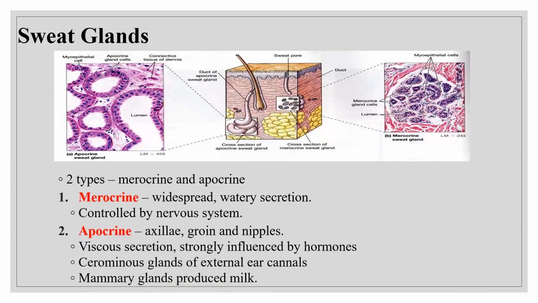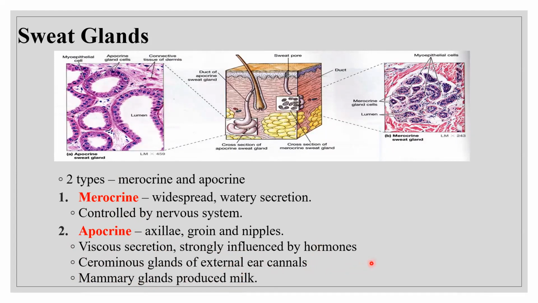And then we have two types of sweat gland, the merocrine and apocrine. Merocrine, as I mentioned, are controlled by the nervous system. Apocrine glands can be found in the axilla, groin, and nipples. Their secretions are influenced by hormones. They can be found in the mammary gland and the external ear canal.